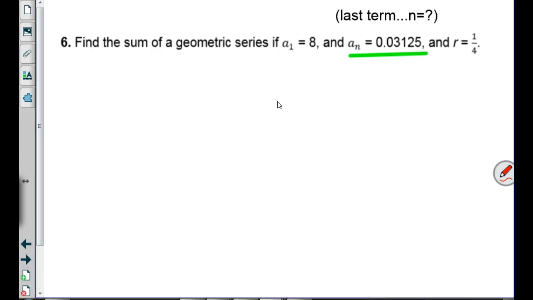Right, number 6, find the sum of a geometric series. This is one where we don't know the term number. This is the last term they want us to add up through, but we don't know the term number. So we're going to have to find the term number first. So the original formula to find any term looks like this. Does this look familiar? What are we going to put in?